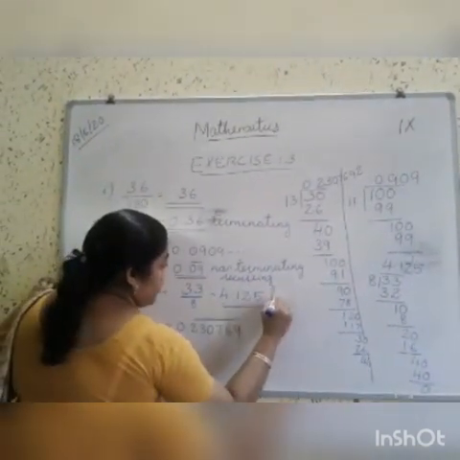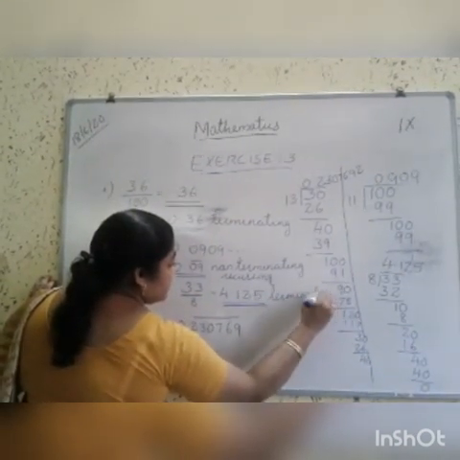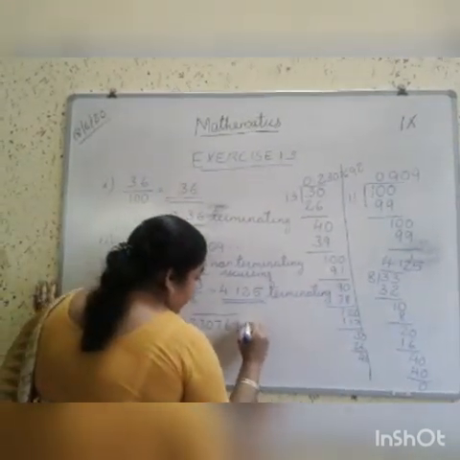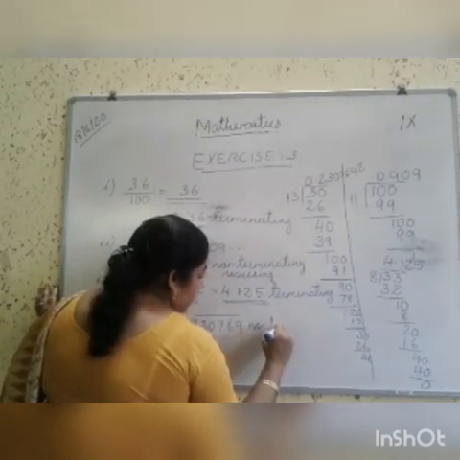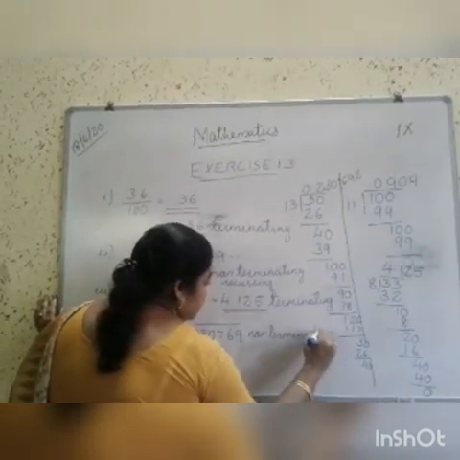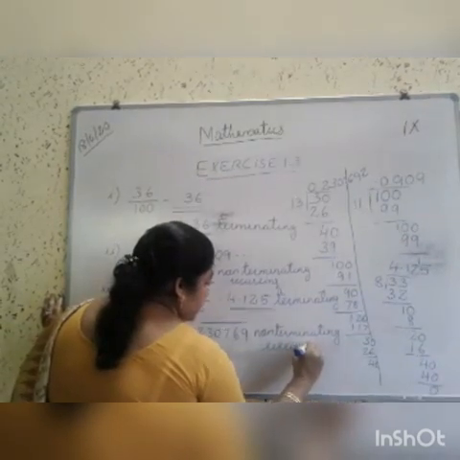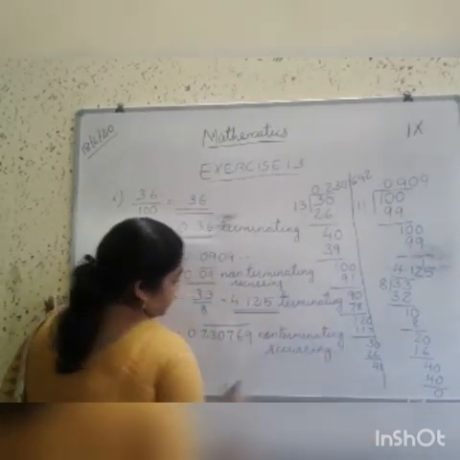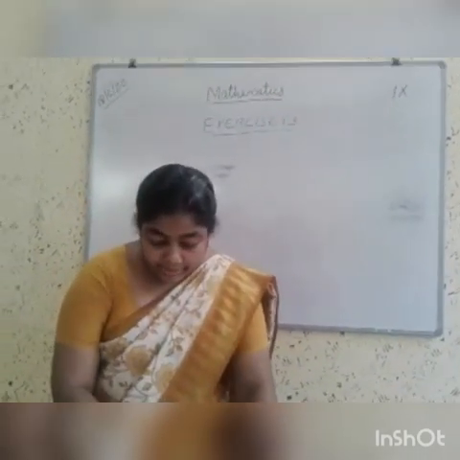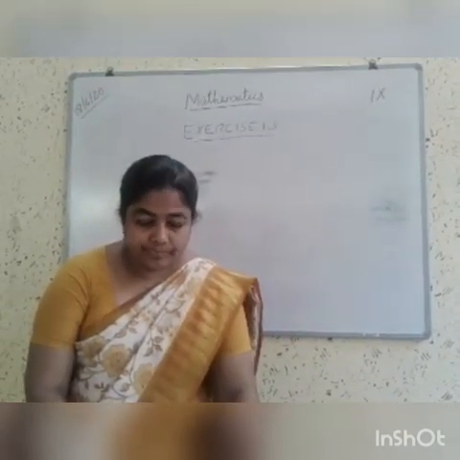This one is terminating. This one is non-terminating recurring. Two subdivisions more there, fifth one and sixth one. You try to do it as homework.